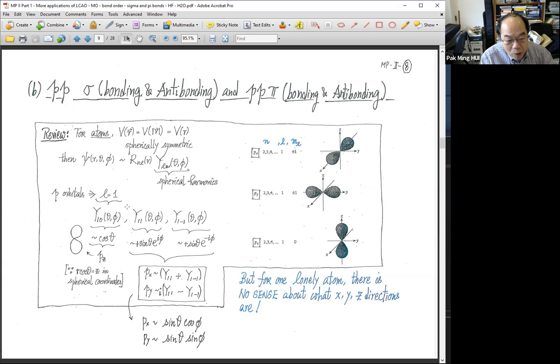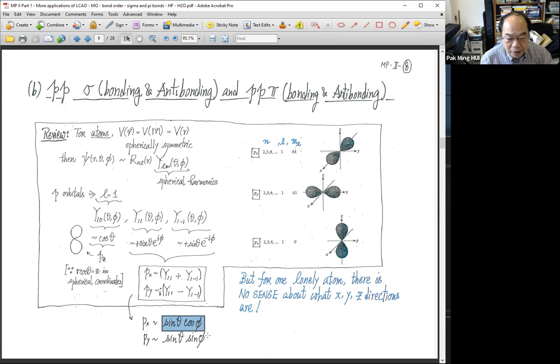But if you look at Y_1,1 and Y_1,-1, they are complex for the reason that you have e^(i phi) and e^(-i phi). But chemists, well, physicists as well, we want to think in terms of real functions. Well, you can form two linear combinations to make real functions. For example, add them together, you will get sine theta cosine phi.